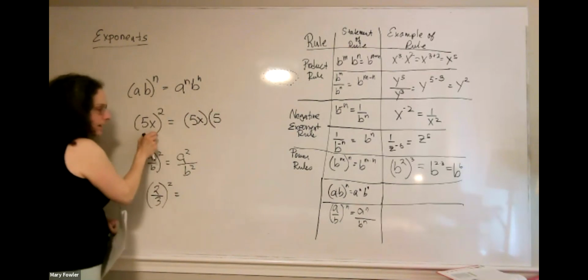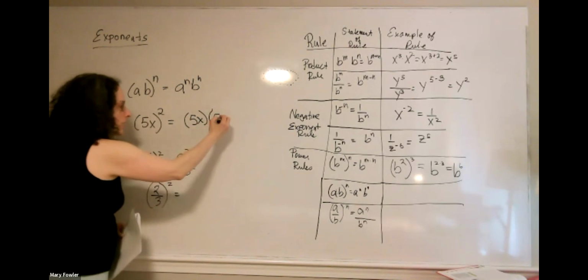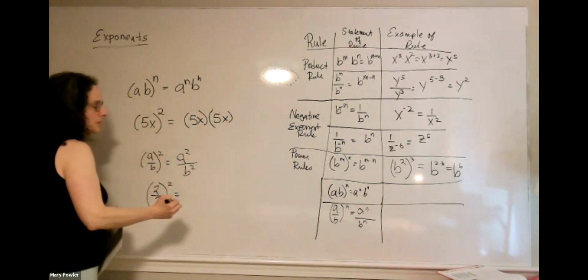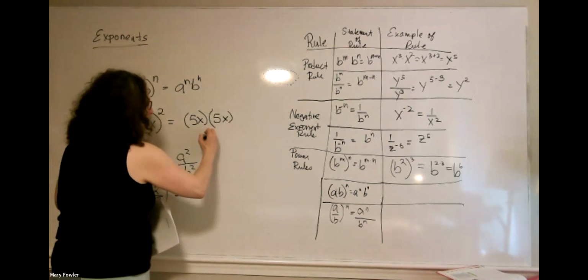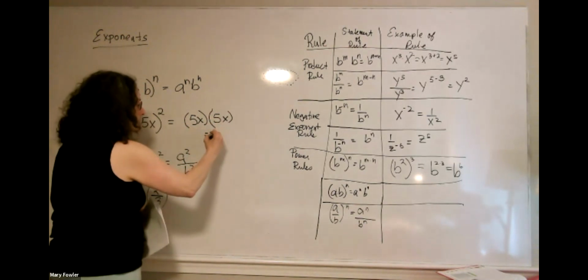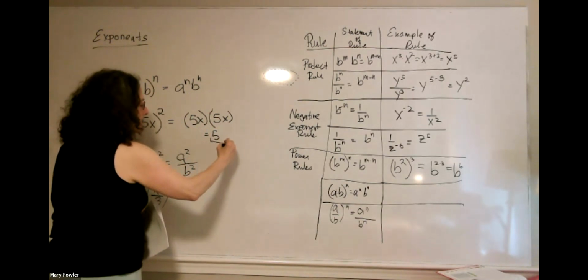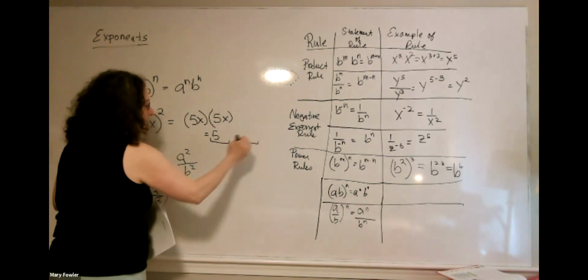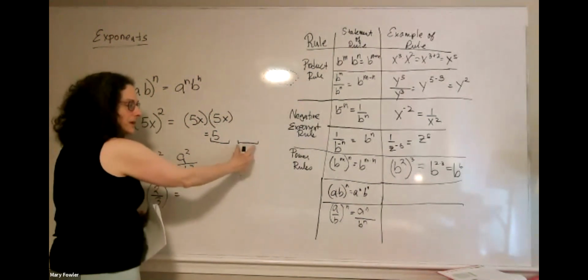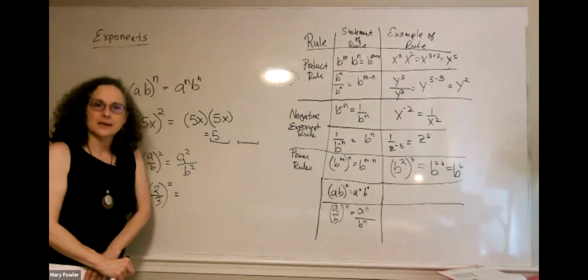So 5x is multiplied 2 times. We know that we can rearrange the terms in a multiplication, in the product. So I'm going to make 2 buckets here. One bucket is going to be for numbers, and the other bucket is going to be for x's.